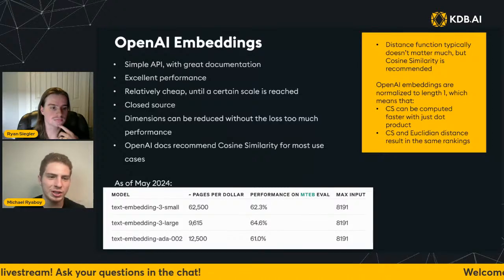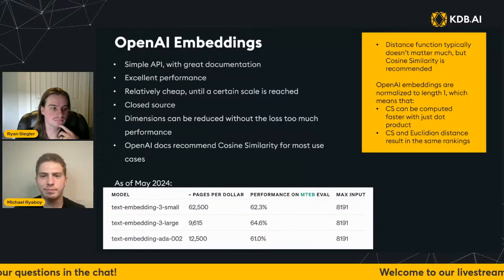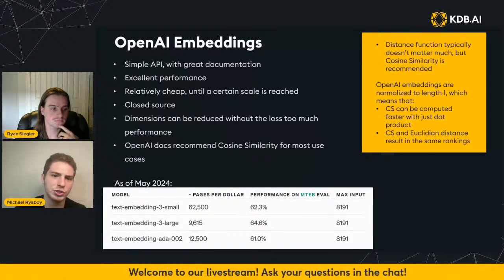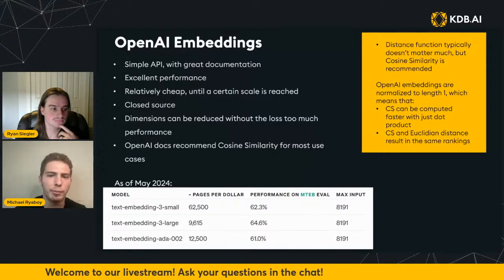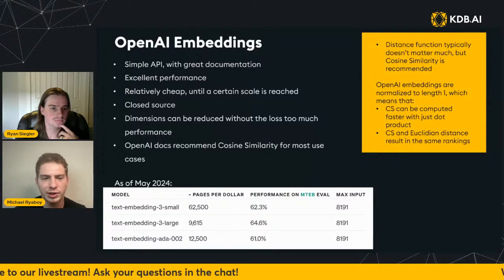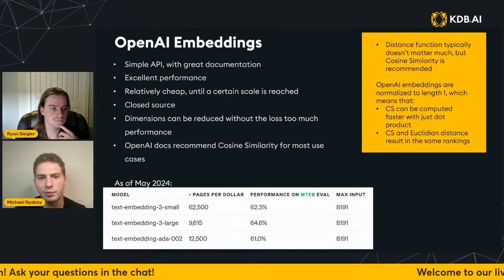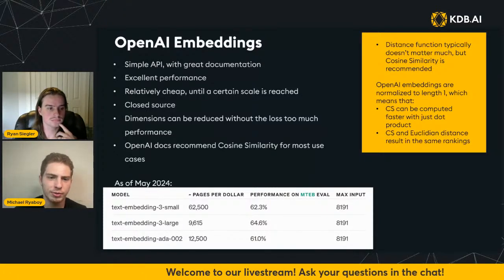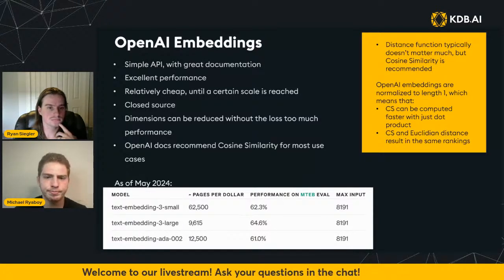Basically, you could use anything to calculate your cosine similarity. So what you could just do is you could speed it up a bit with dot product. So cosine similarity gets the best results, but you could calculate it with dot product for slightly faster calculations. So that's just something to consider with OpenAI embeddings.